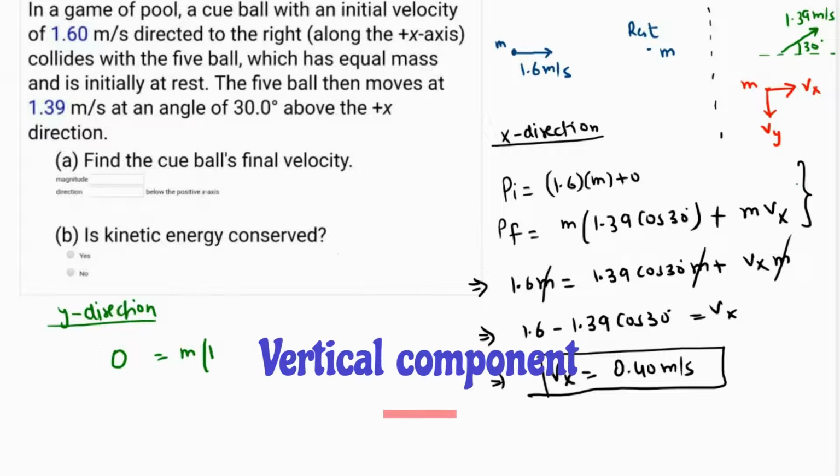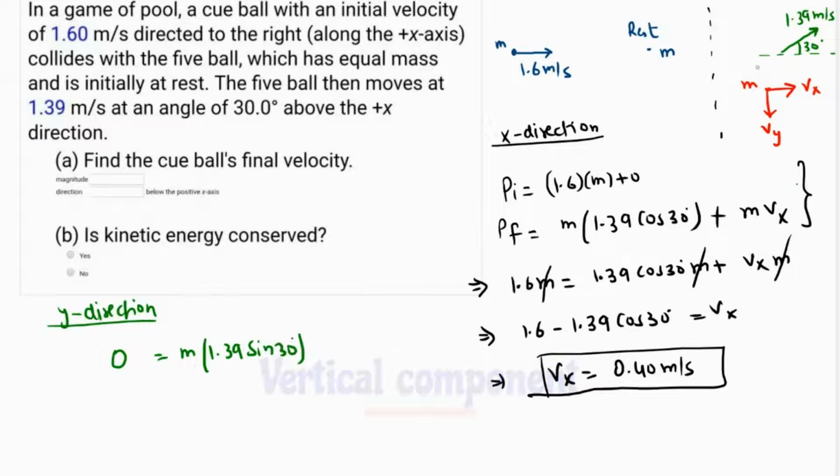So that will be m times 1.39 sine of 30 degree, and likewise the component towards the minus y direction, so that's minus m vy. So this m and m cancel, and if we rearrange, then vy comes out as 1.39 sine of 30, which is 0.70 meter per second.